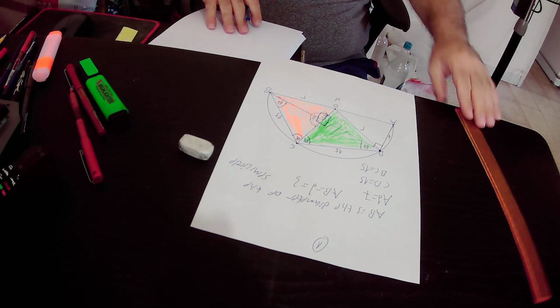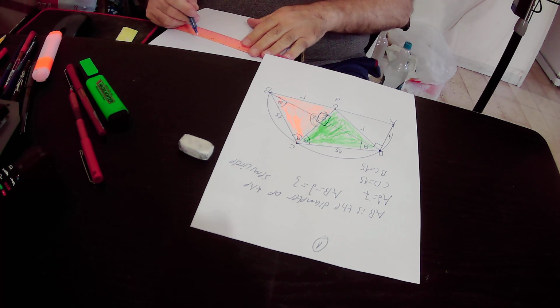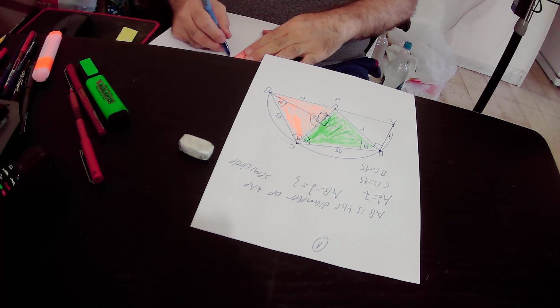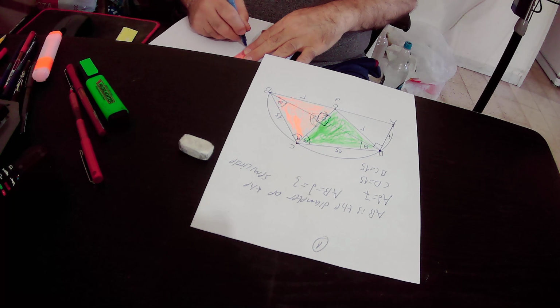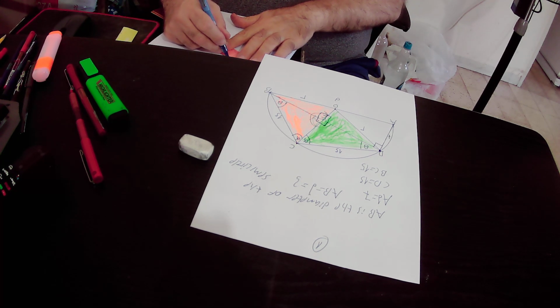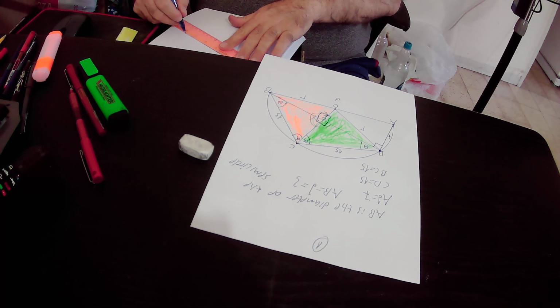I will draw those 2 triangles again. We have triangle ADB.